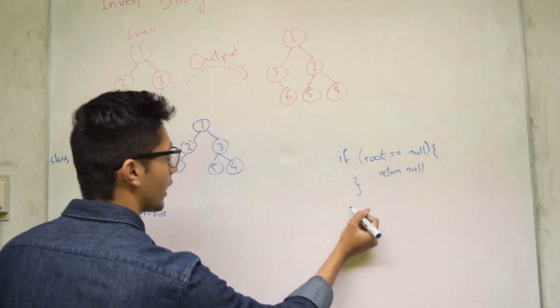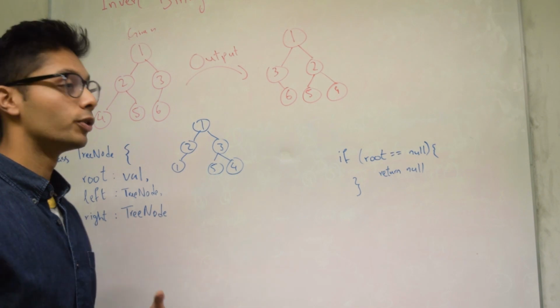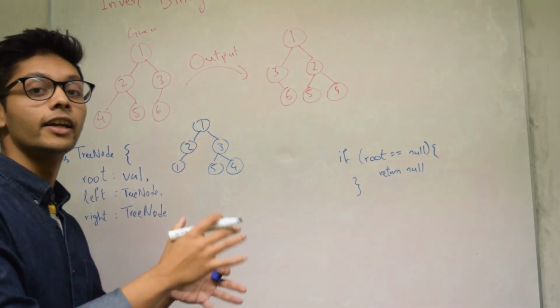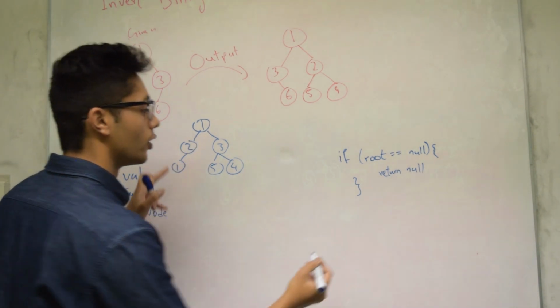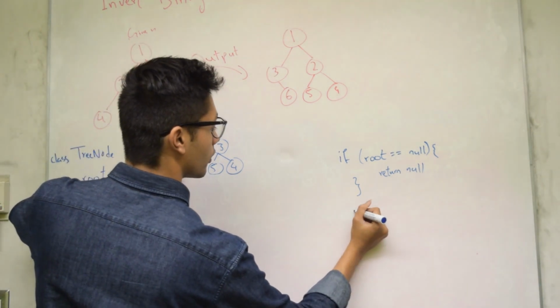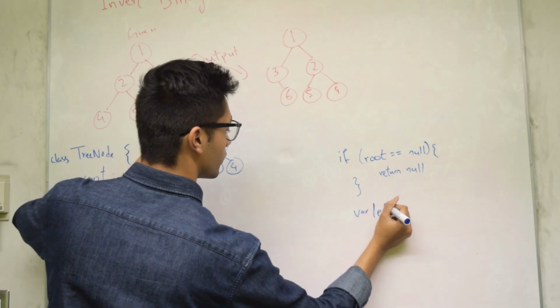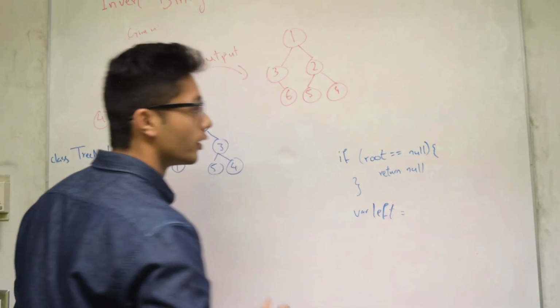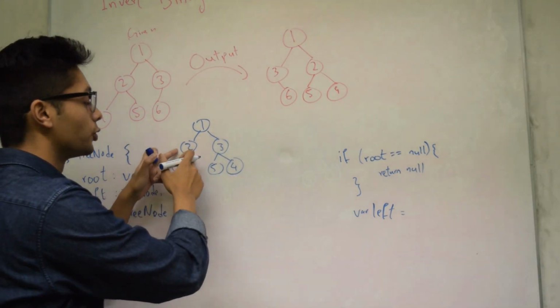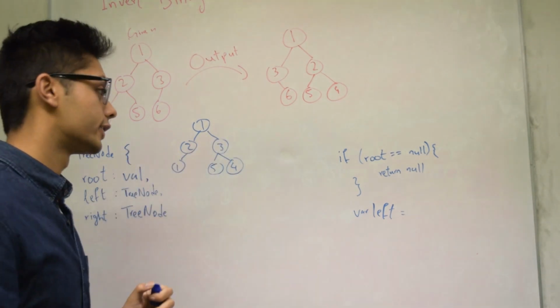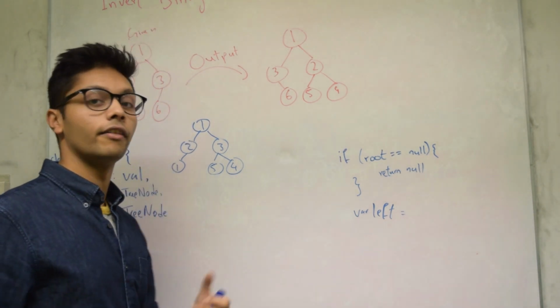So we would create a temporary left, which would hold the inverted right child because you're going to swap it. So we can do the variable left is equal to the inverted right node. So the 2's place is going to be the 3. So let's give it a function definition.